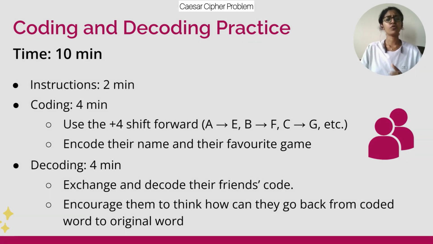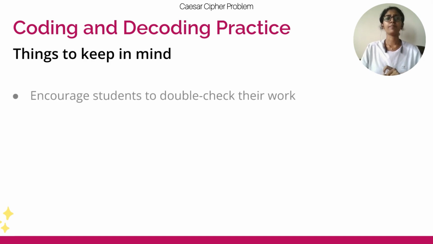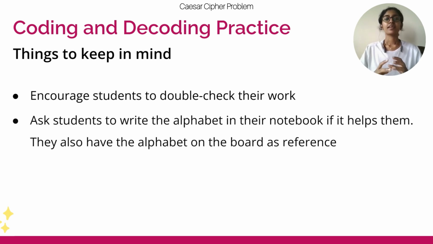And a few important things to keep in mind when we are doing the coding and decoding. Make sure that you are asking the students to double check their work because they're doing this for the first time and there are chances they will by mistake replace a letter with another letter, and ask the students to write the alphabet in their notebook if it actually helps them.